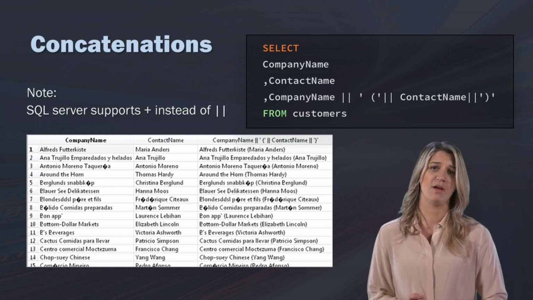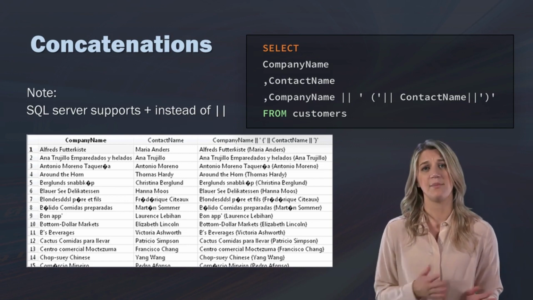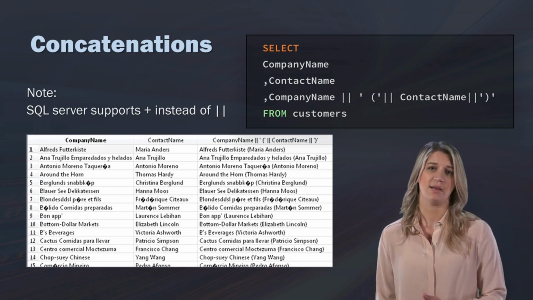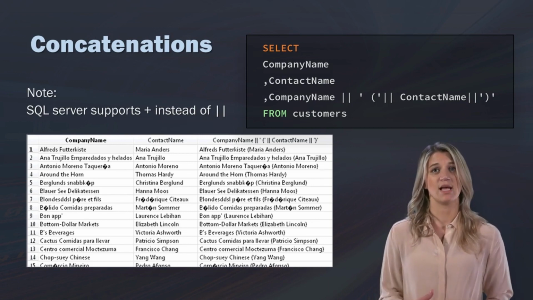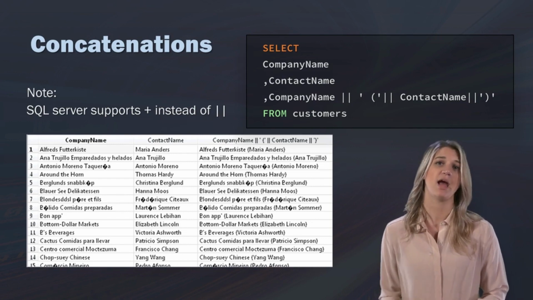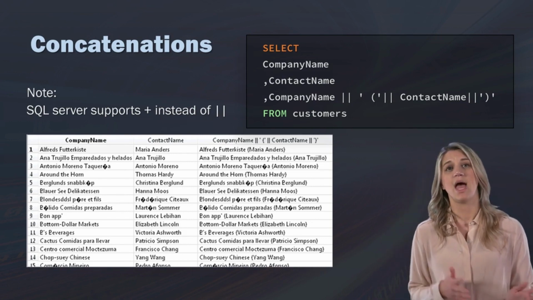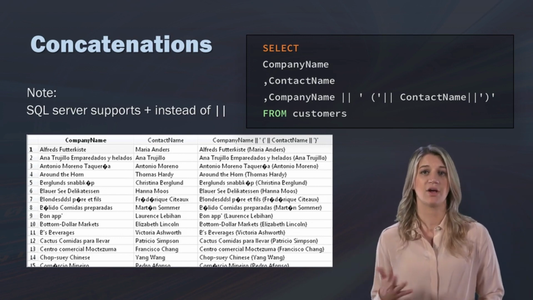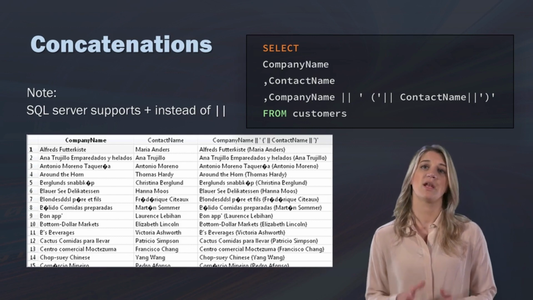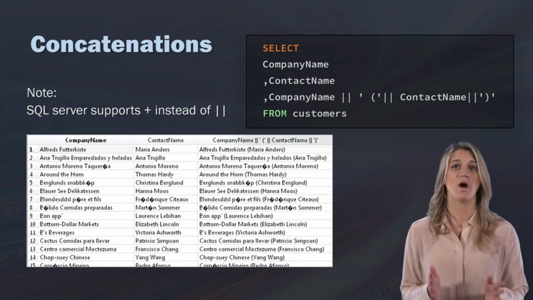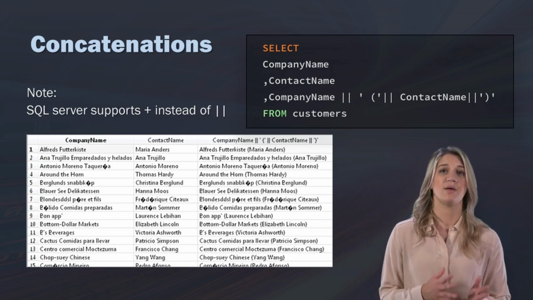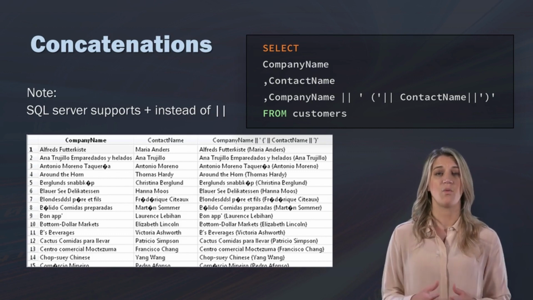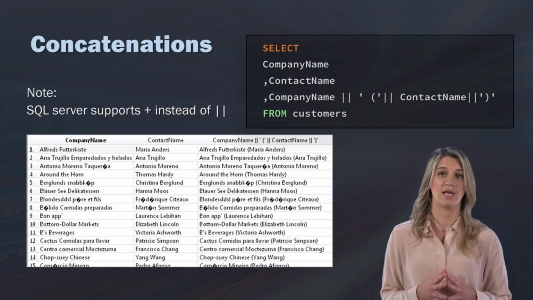In this example, I want to concatenate the company name and the contact name. What I've done is I've used my select statement and I have pulled the company name and added to it the contact name. You can see I called the company name here. Then I use the pipe to indicate that I want to concatenate, and then in parentheses I indicate what I want company name to concatenate with.